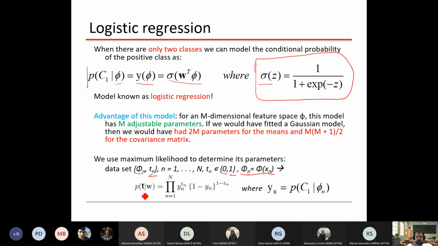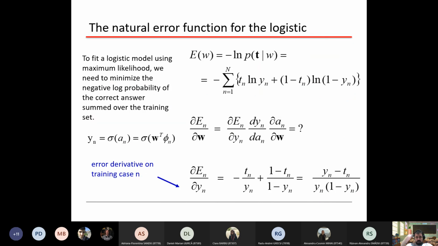With this notation, the likelihood of the data is yn to the power tn multiplied by 1 minus yn to the power 1 minus tn, and yn is the probability of the class 1 given the basis function phi n. And now to fit the logistic model using maximum likelihood, we need to minimize the negative log probability over the entire training set.